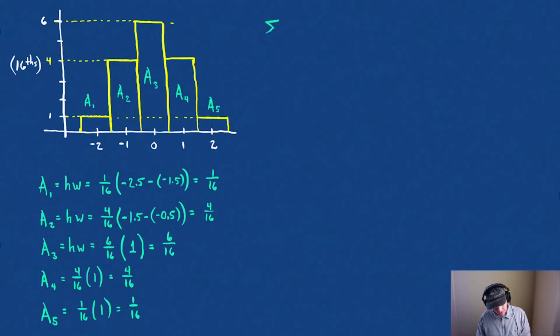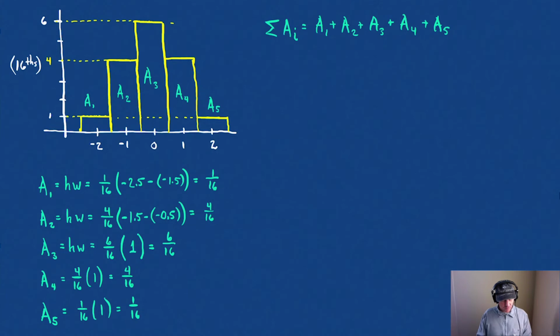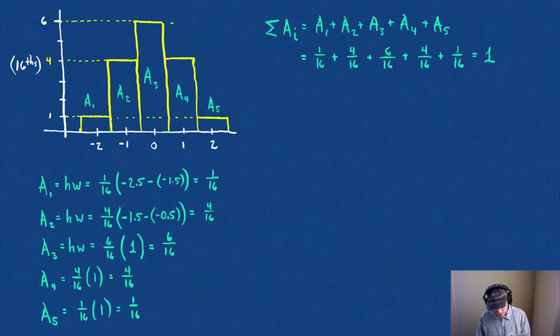The sum of the areas: area 1 plus area 2 plus area 3 plus area 4 plus area 5. That's 1/16 plus 4/16 plus 6/16 plus 4/16 plus 1/16. You add all those up, what do we get? We get 1.